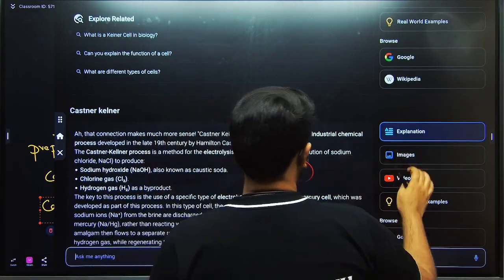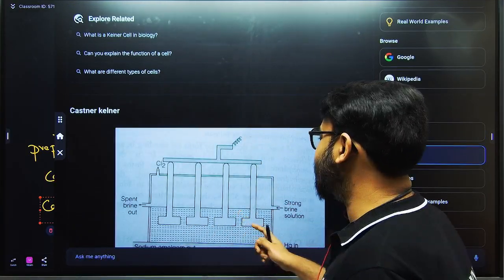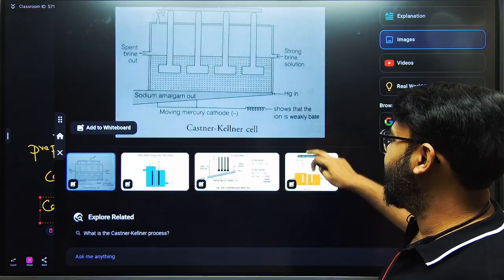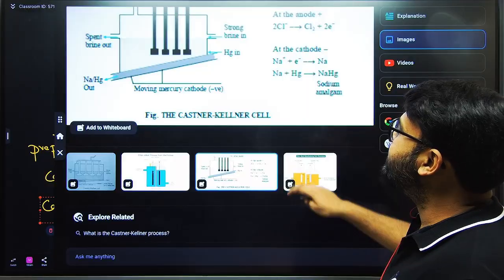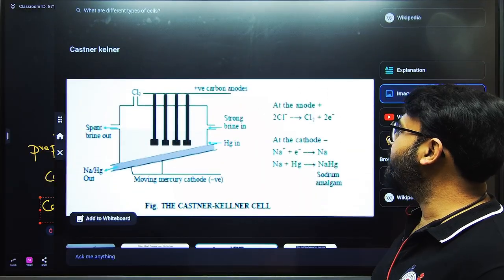Now it took it properly. Yes, this is the Castner-Kellner cell. This is how it looks like. In this only you prepare it.